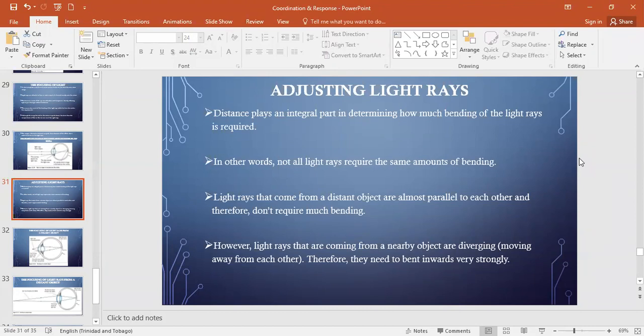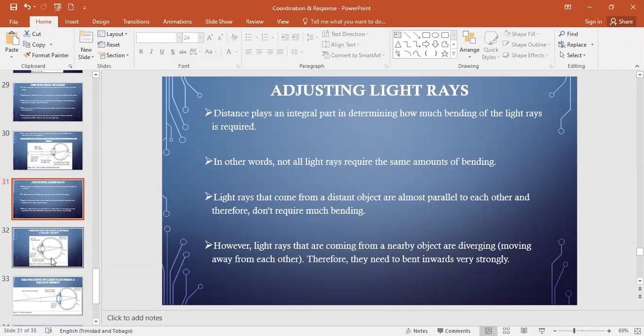Because at a distance the light rays are more parallel, so they are more uniform, but the closer the object is to you, the light rays are actually moving away from each other. They are divergent. And hence it requires a lot more effort by your cornea and your lens in order to bend this light to focus it on the retina.